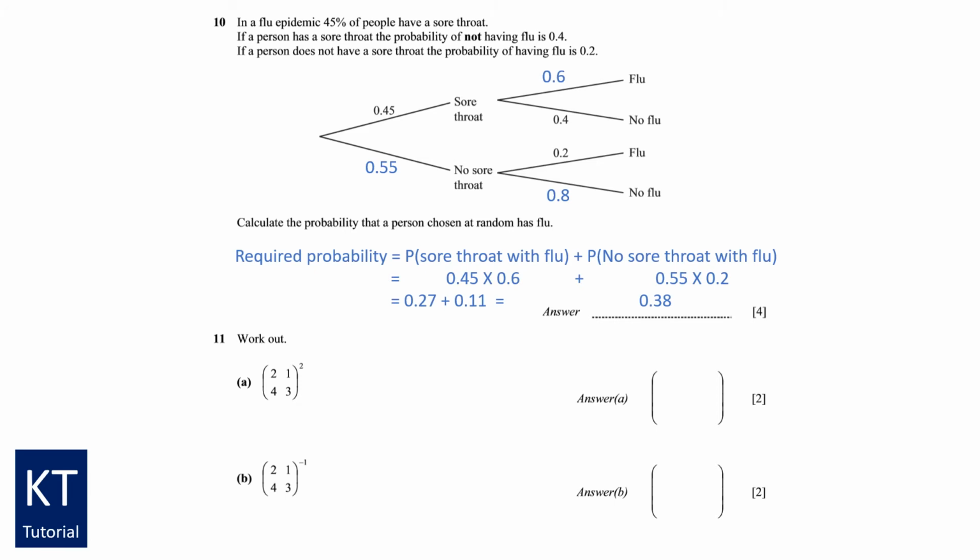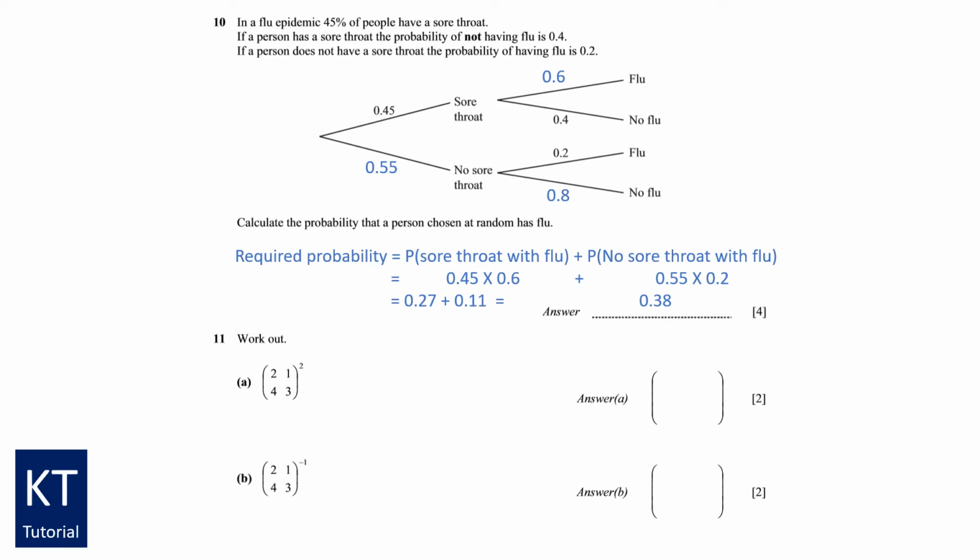Start by completing the unfilled branches, knowing that branches add up to 1. The required probability is the probability of having a sore throat with flu, plus not having a sore throat with flu. This is the summation of 0.45 times 0.6 plus 0.55 times 0.2.